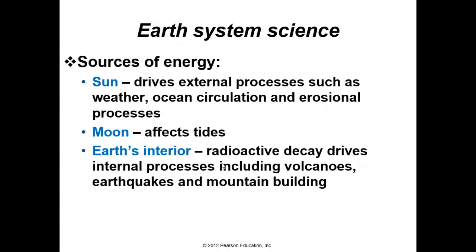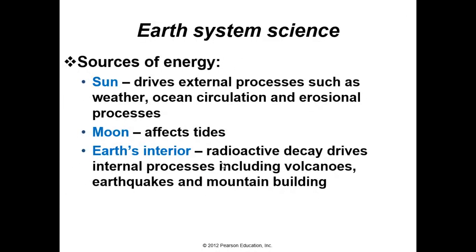The moon. The moon doesn't provide energy like the sun does in the way that you would think, as in heat. It doesn't provide heat. But what it does is provide a pull that affects water in the oceans. So tides are caused by the gravitational attraction of the moon.